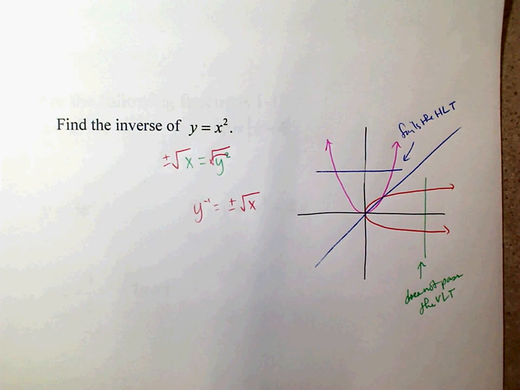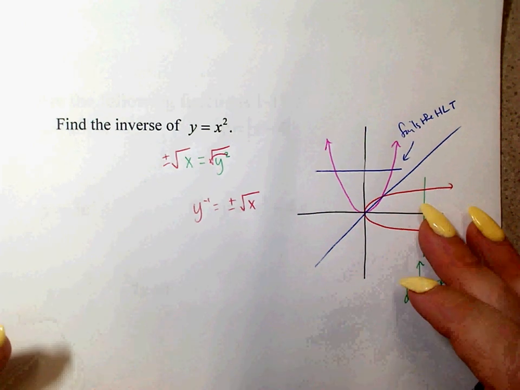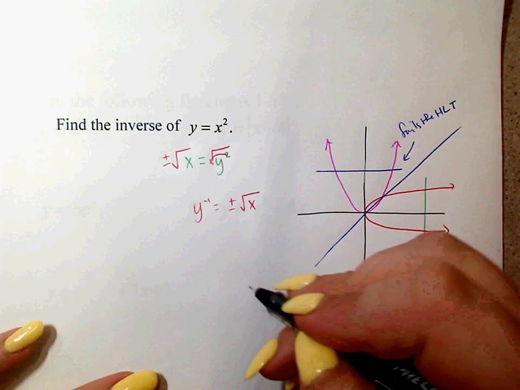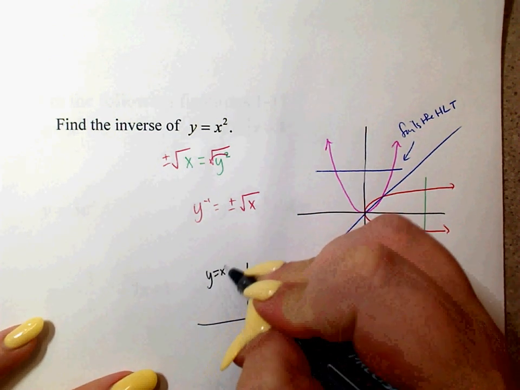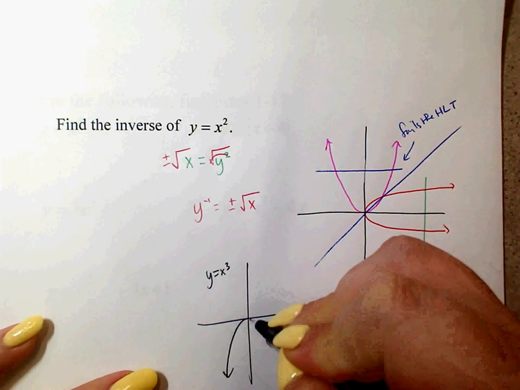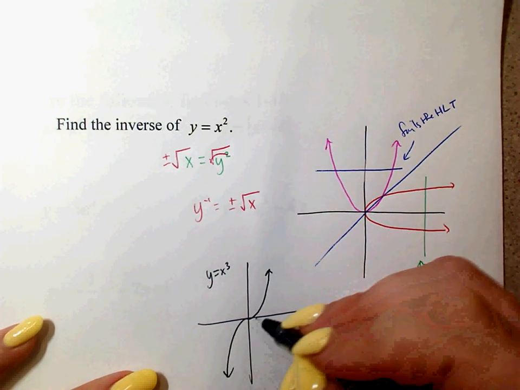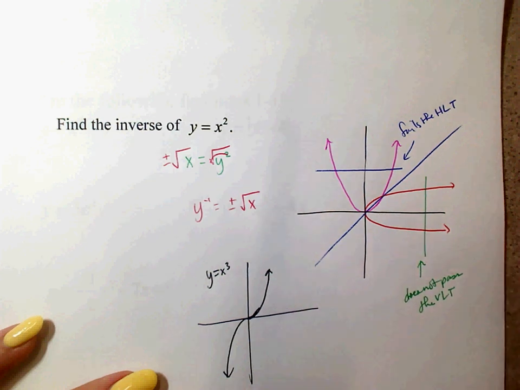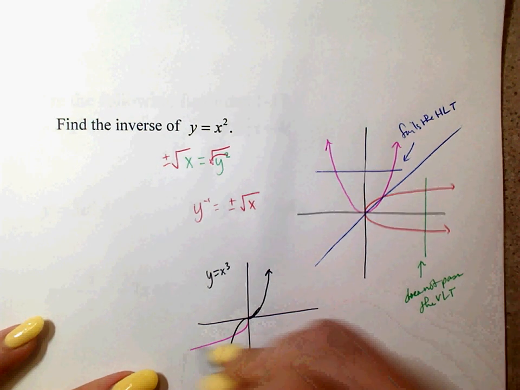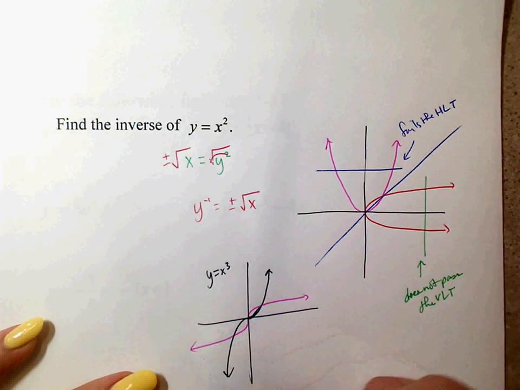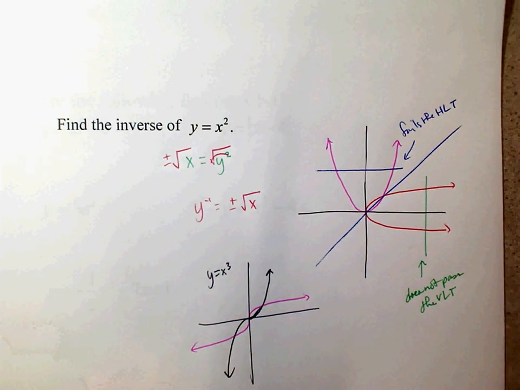So when you think about a function that does not fail either the vertical or the horizontal, something like x cubed, then you don't have to worry about the inverse not being a function. In fact, we know what the inverse is. It's the cube root. So that passes the vertical line test because the original passed the horizontal line test.